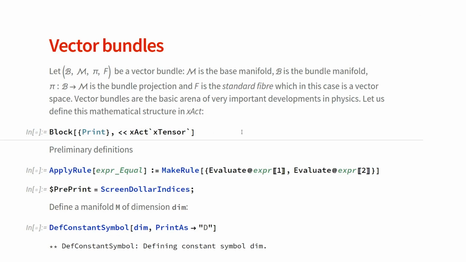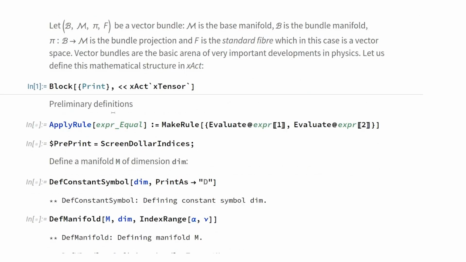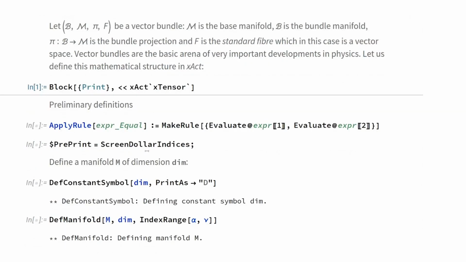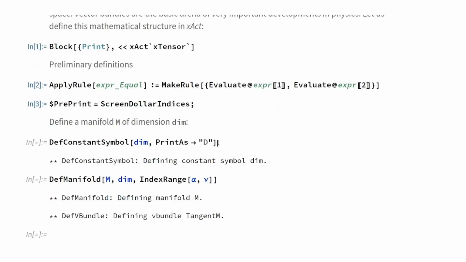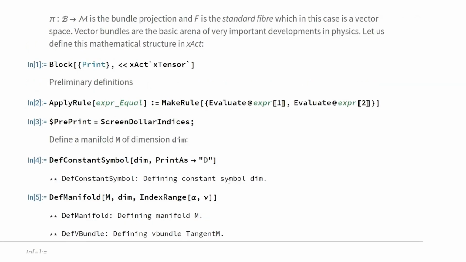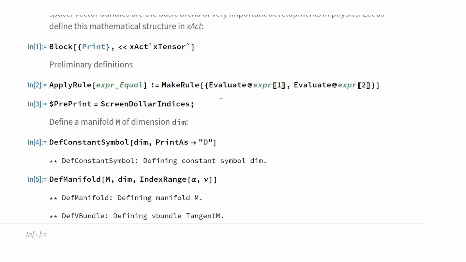Let me illustrate how this structure is implemented in xAct. I need some preliminary code that I will be using. We start by defining a manifold of symbolic dimension. I need to define first the symbol that will represent the dimension, and then we define the manifold itself.